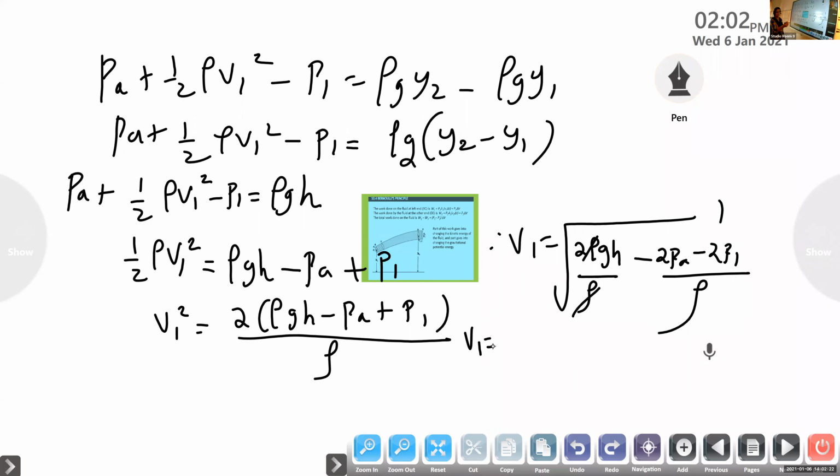So V1, the velocity of efflux, is equal to square root of 2GH, minus is common.